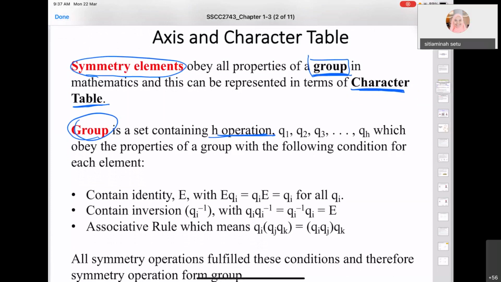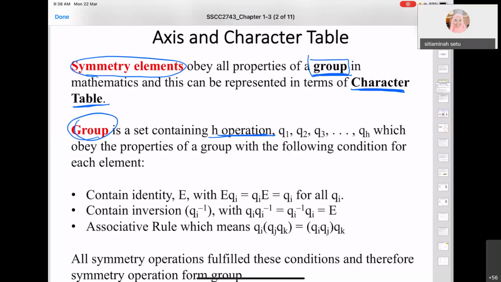So macam mana kita nak memudahkan untuk kita bincang dia punya properties of the molecule? Kita kena kumpulkan dia kepada satu kumpulan. Sama jugalah macam haiwan. Haiwan kan ada macam-macam, haiwan darat, haiwan laut. Kita boleh klasifikasikan dia kepada jenis makanan dia.